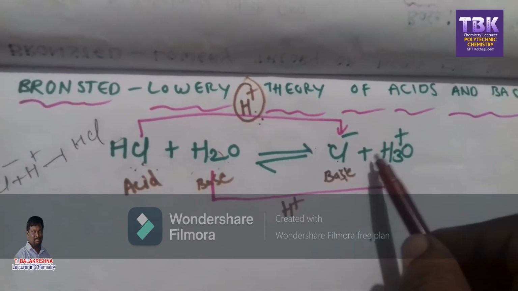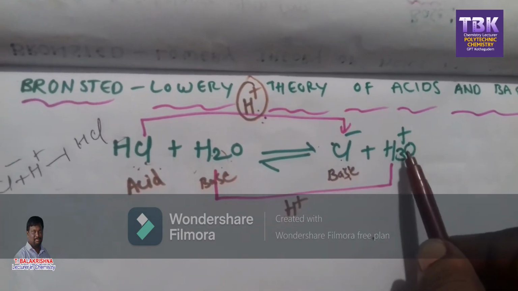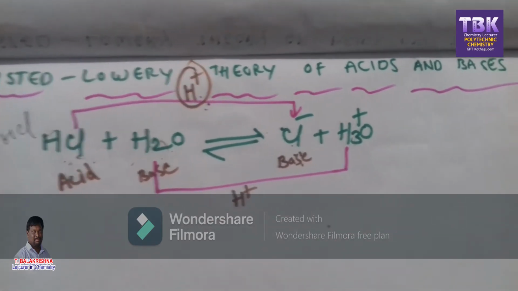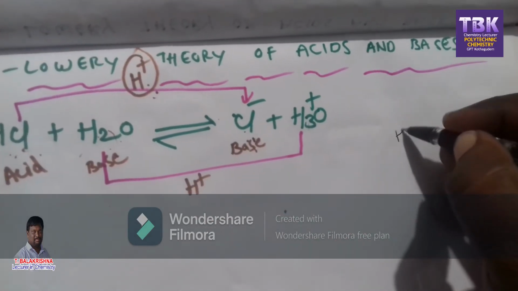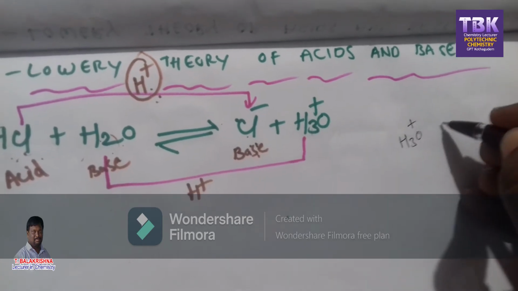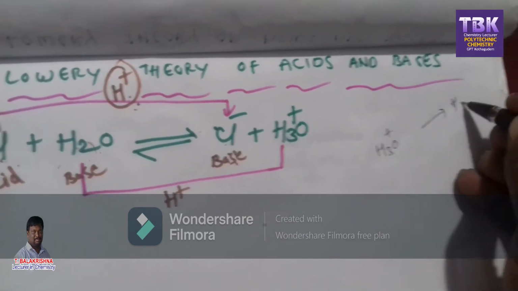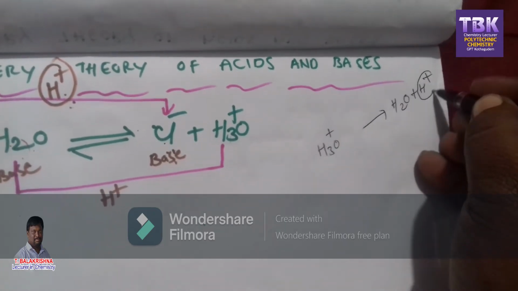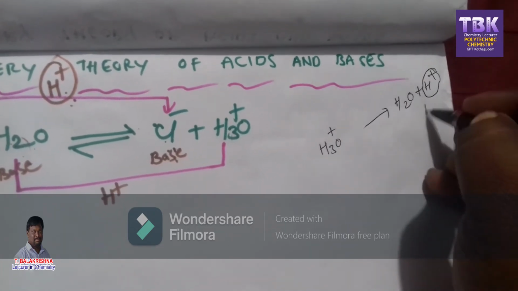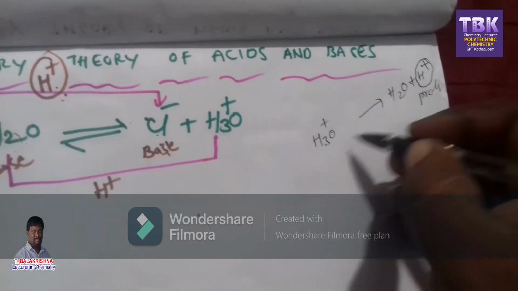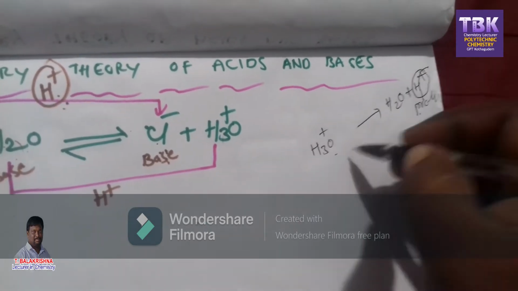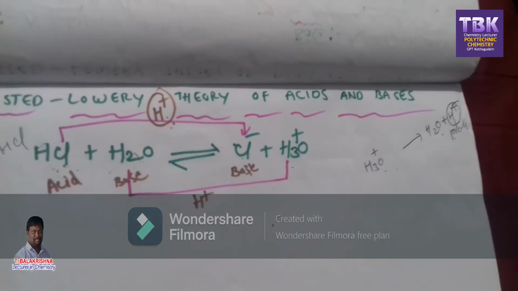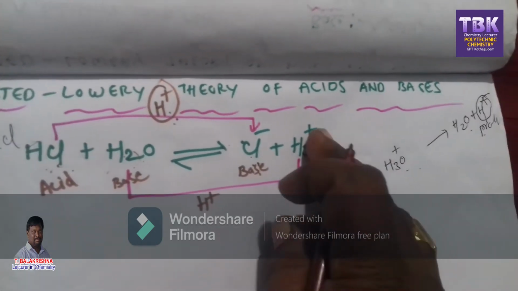When you observe this H3O plus, here H3O plus is converted to H2O. That means it loses an H plus ion, the proton, and is converted into H2O. That means H3O plus donates a proton to Cl minus.